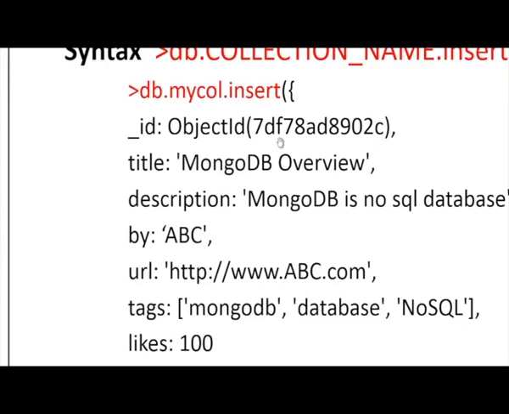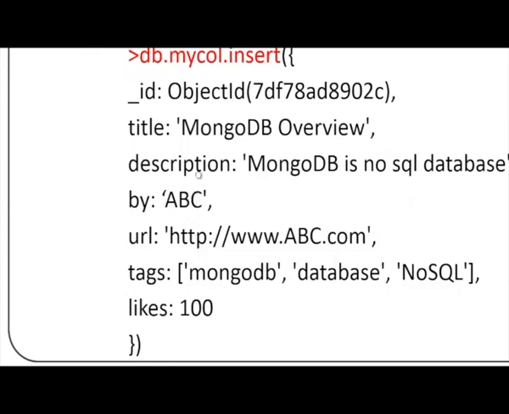So, we are trying to insert a document which is identified by a unique ID, then it has a title, description, the name of an individual or an entity who created this document, the URL where the content is available, the tags related to this content, and then the likes related to the comments posted by various users.